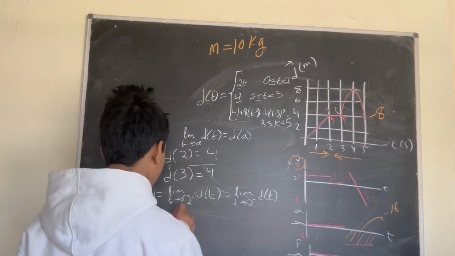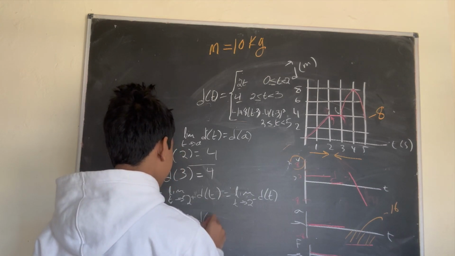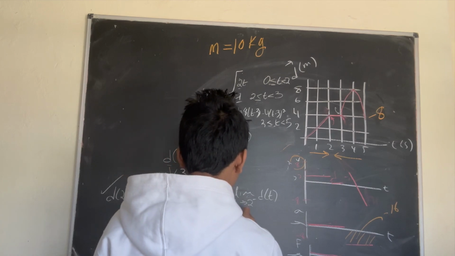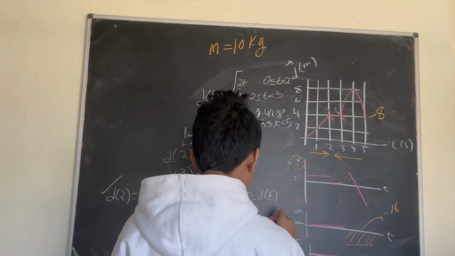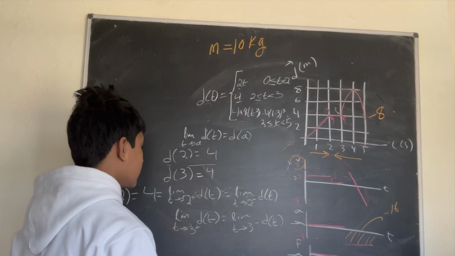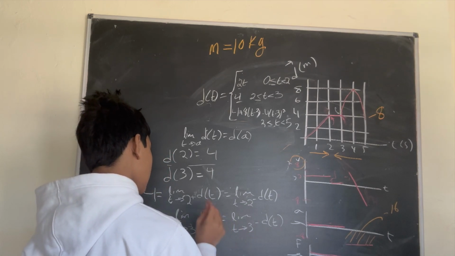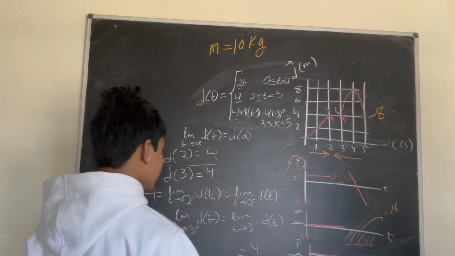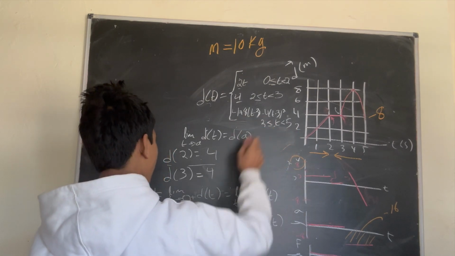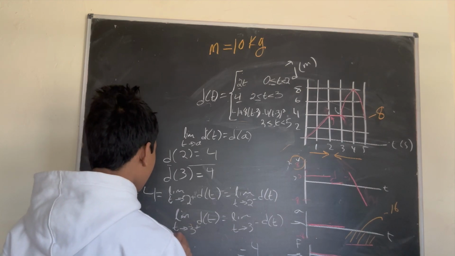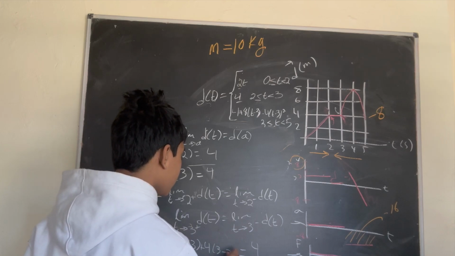What about the limit from the left of d of 3, and then the limit from the right of d of 3? Well, from the left, it's just 4, and from the right, it's 4 plus 8 times (3 minus 3) plus 4 times (3 minus 3) squared.